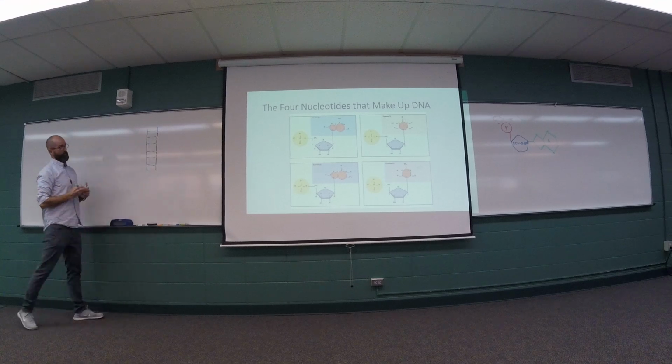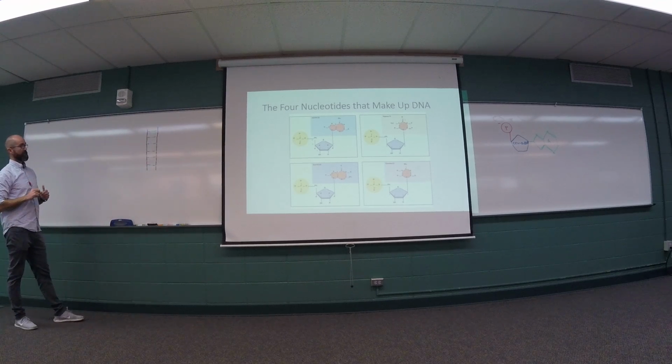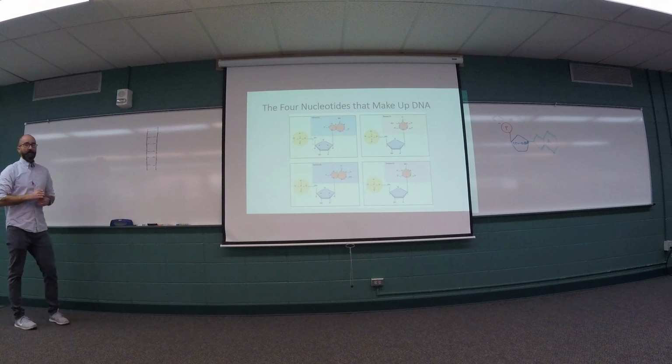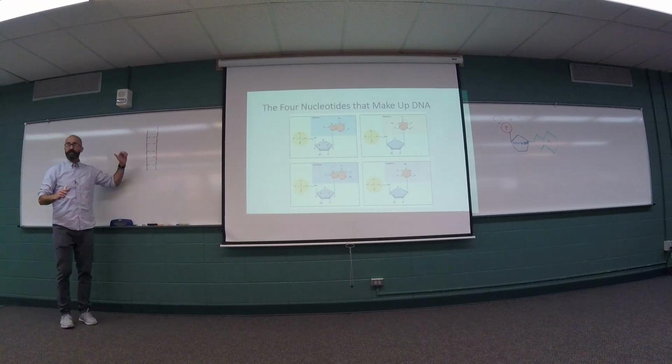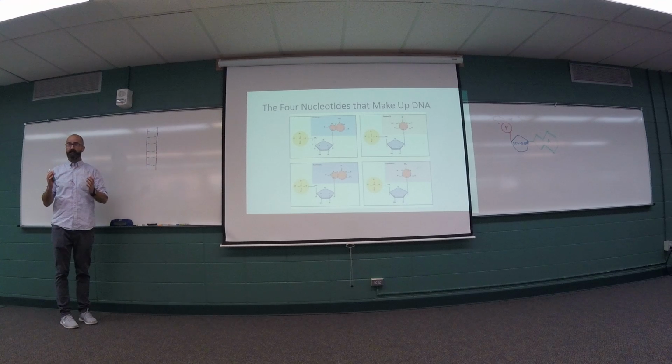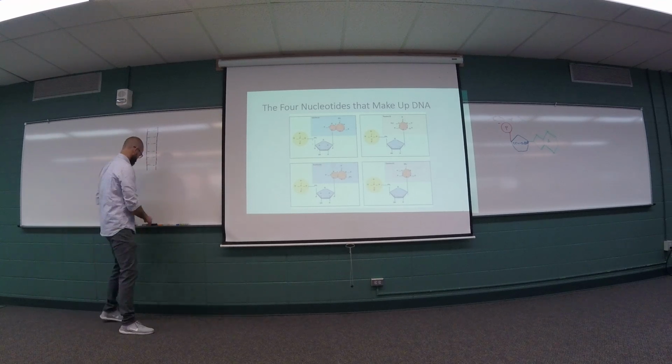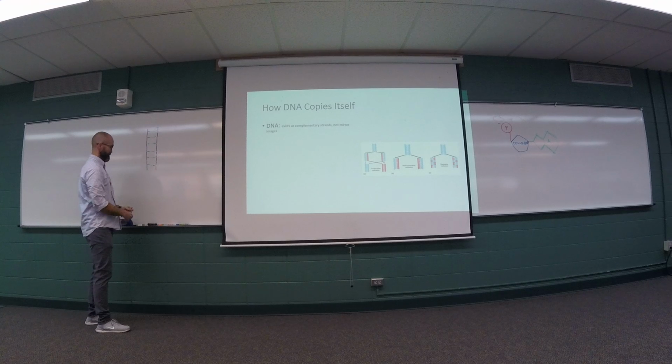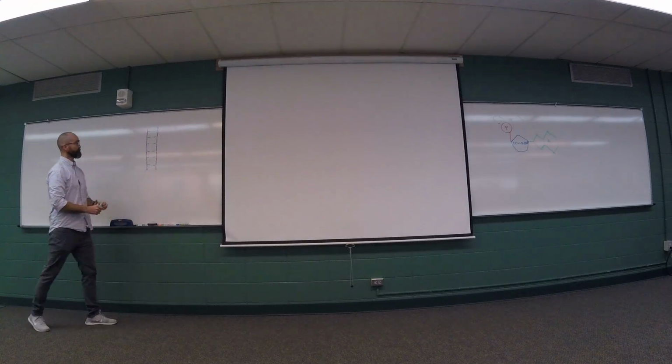Okay, so let me add one more layer of complexity to this. Depending on which molecule is at the top, either the phosphate or the sugar, will determine its side. I don't want to go there yet.